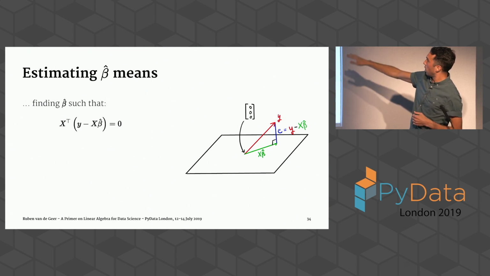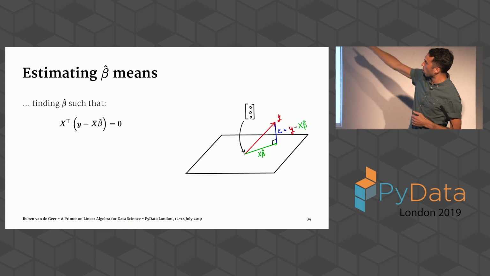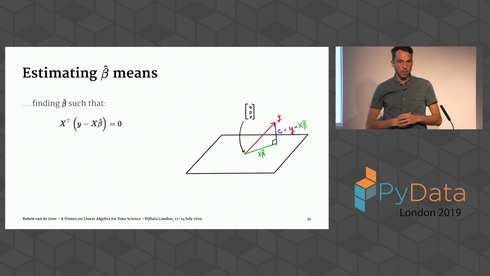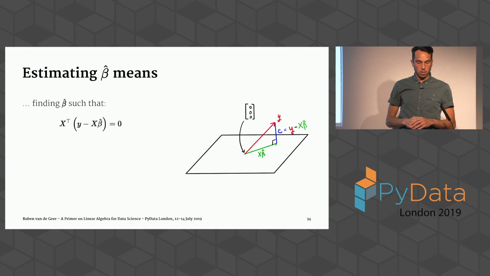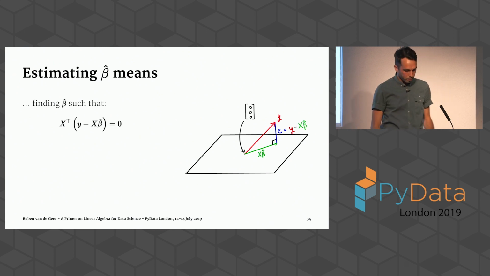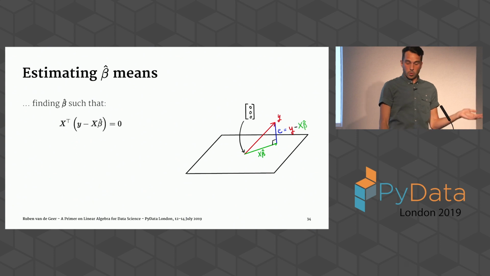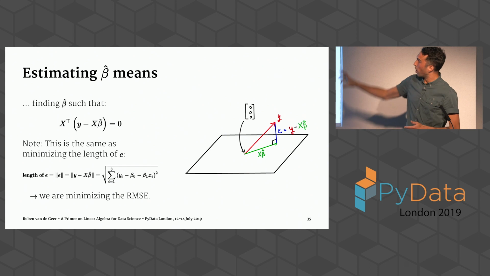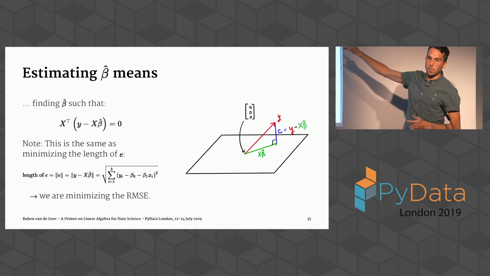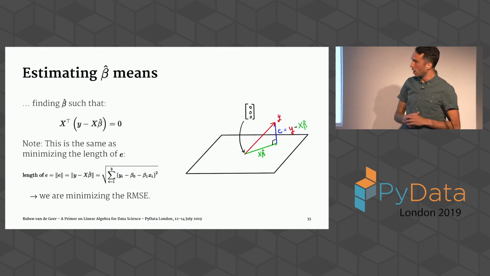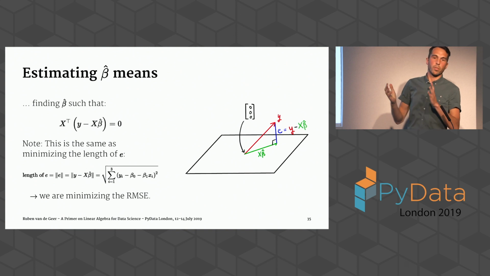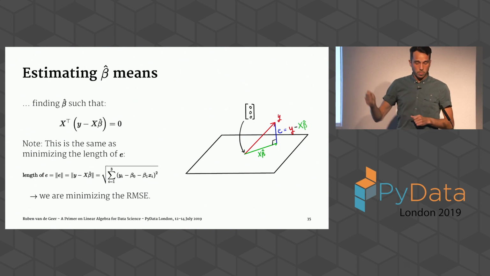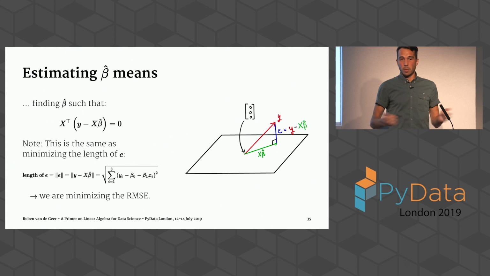Anyway, this condition that we are looking for this beta such that e is orthogonal, or perpendicular, to the plane, is actually that condition over there. So we say, okay, X should be perpendicular to the arrow that we make. It's good to notice one thing on the side, that we are actually minimizing the length of e. The length of a vector, we call that the norm. And if you write it down, what we are doing, which is maybe not surprising, is minimizing the root mean squared error.